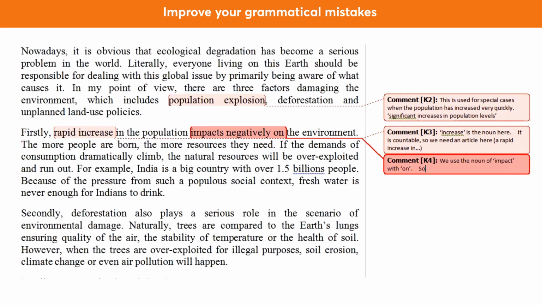So we would have it like this. Or if you want to use it with negatively, we could say it like this, negatively. Okay, so there you are. There's your two options for that.